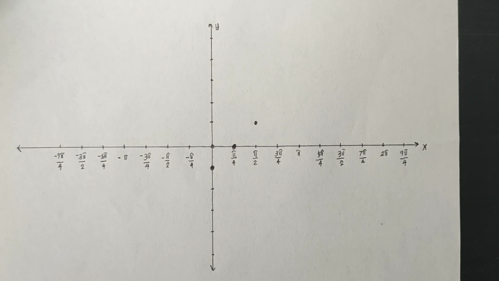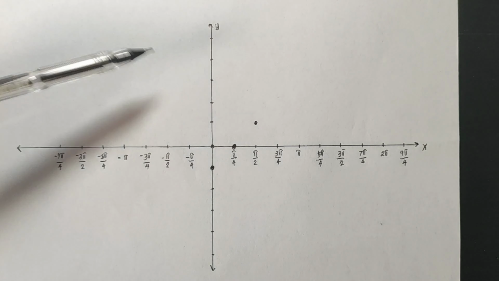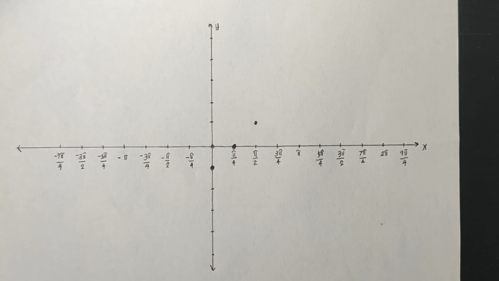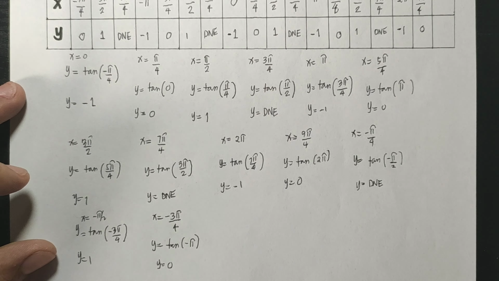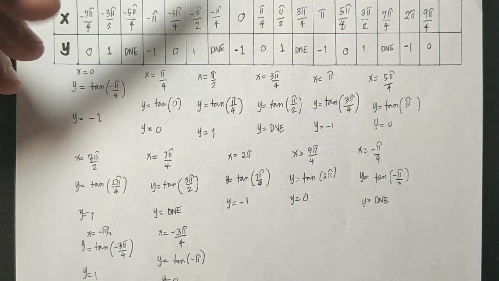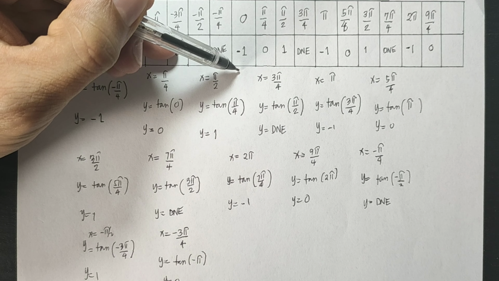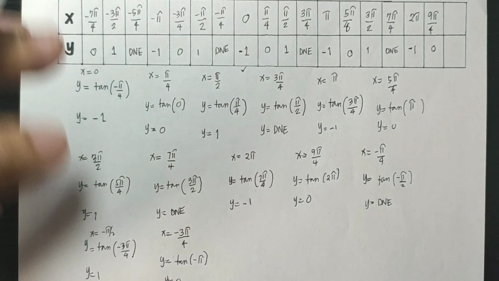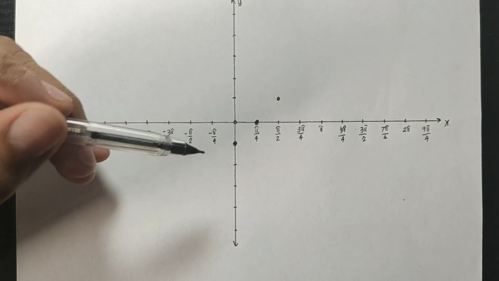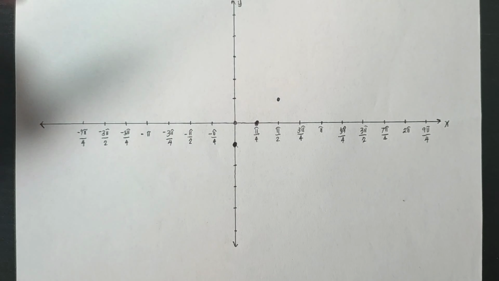Okay, in here I have placed already the x values and the y values. So I'm going to locate the points. For the first one, we have 0, negative 1. Let's put a check. So 0, negative 1 is in here.